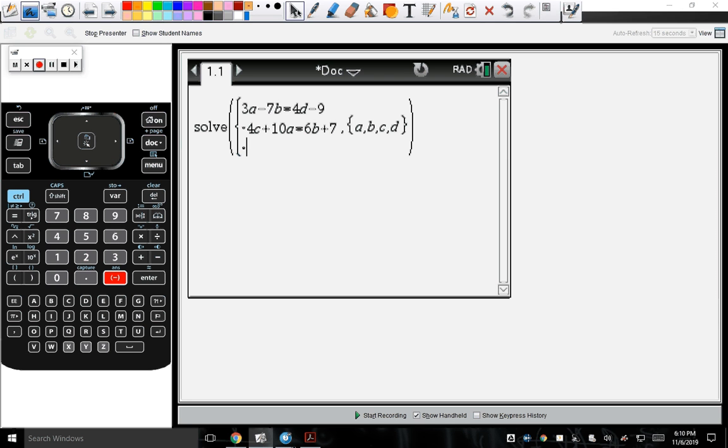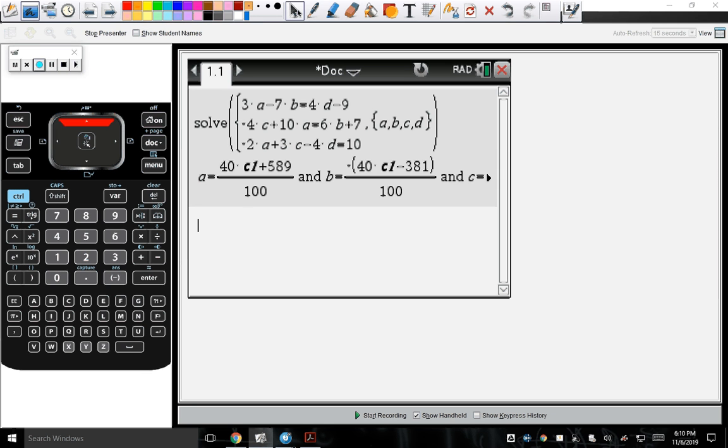And then negative, and this negative is right here near enter, so don't press the subtract key, but press the negative key. Negative 2a plus 3c minus 4d is equal to 10. And when you press enter, that's what I was afraid of, it doesn't give all of the equations as we need it to.